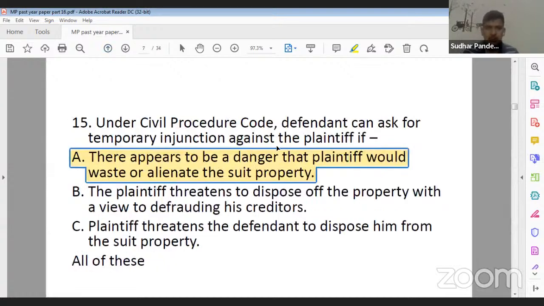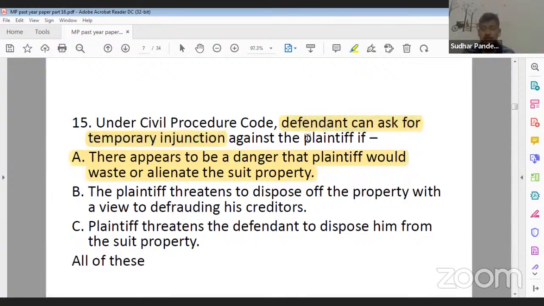Okay. Now, let me tell you, if you read your CPC, that is Code of Civil Procedure, and look into when defendant may ask for temporary injunction, firstly, understand what they are asking. They are not asking when plaintiff may seek injunction, rather they are asking when defendant may seek injunction against the plaintiff.